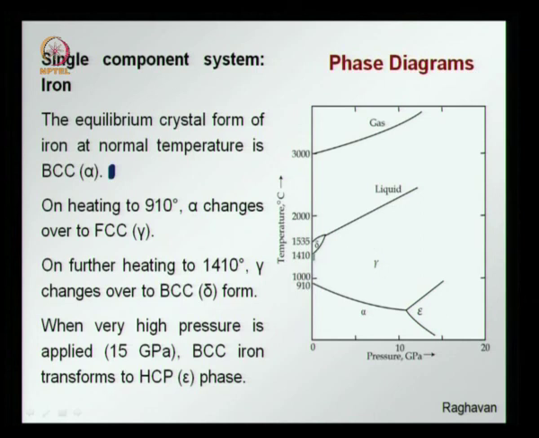Further heating, there is a small region where a delta structure is formed, which is a BCC structure, and after that the iron completely melts and has a liquid structure. And we saw that at very high pressures, more than 15 gigapascals, we have an HCP epsilon phase forming.